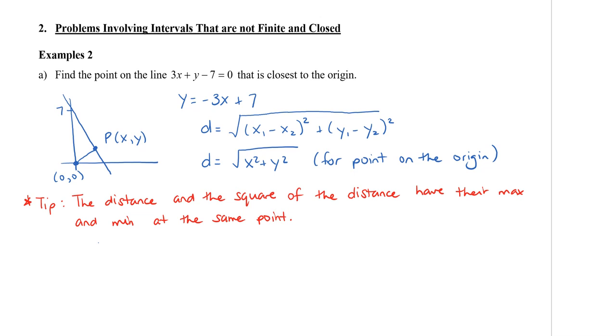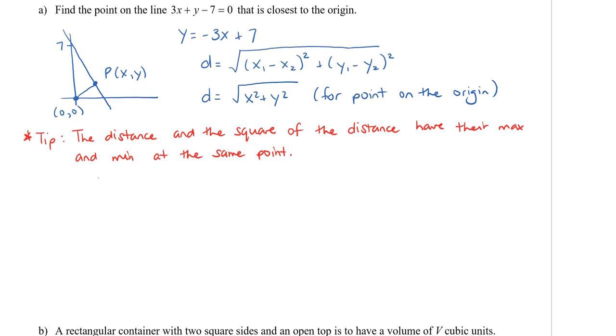So therefore, instead of using d equals the square root of x squared plus y squared, I'm actually going to minimize d equals x squared plus y squared. So I can ignore the square root because that point will be the same whether it has the square root or not. Now I can see that y is equal to negative 3x plus 7.